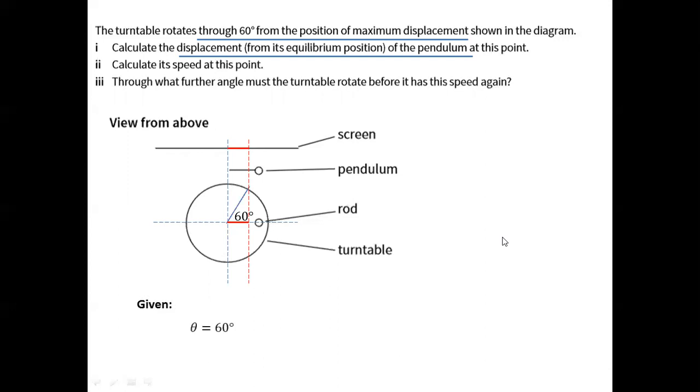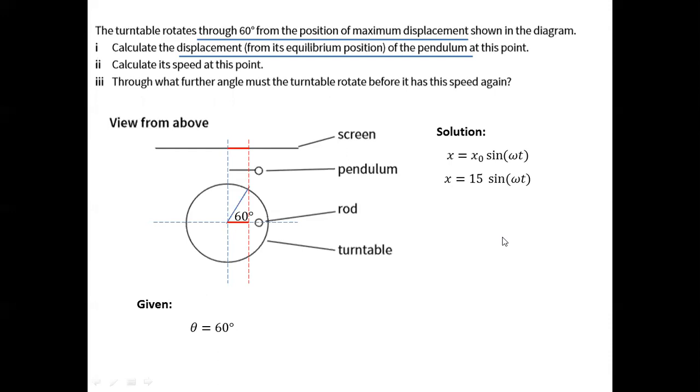We have the theta, or angle, equal to 60 degrees. And then let's utilize the general equation for the displacement x. Substituting the value for the amplitude, we'll now have x is equal to 15 sine omega t.